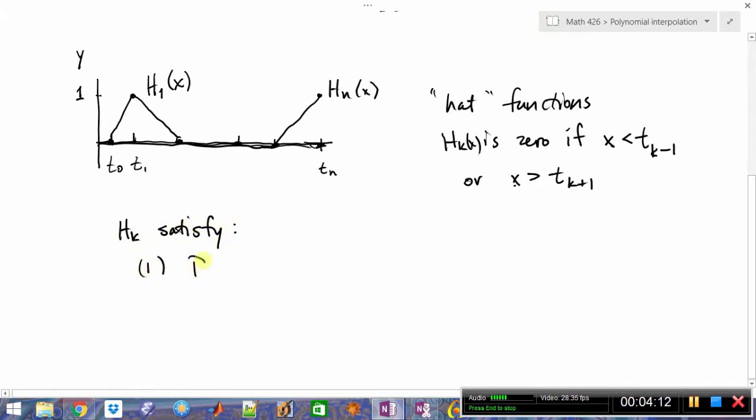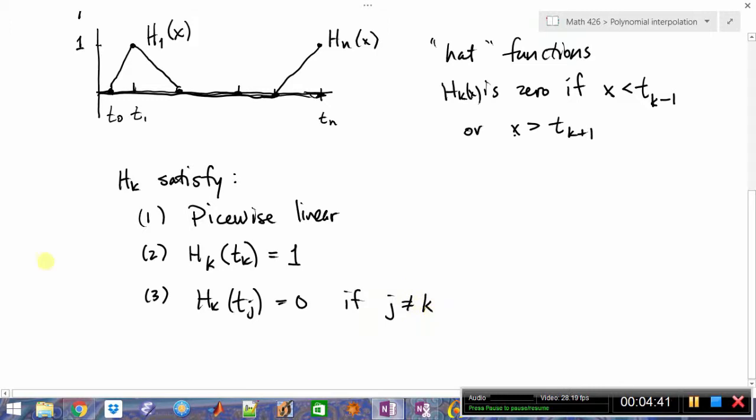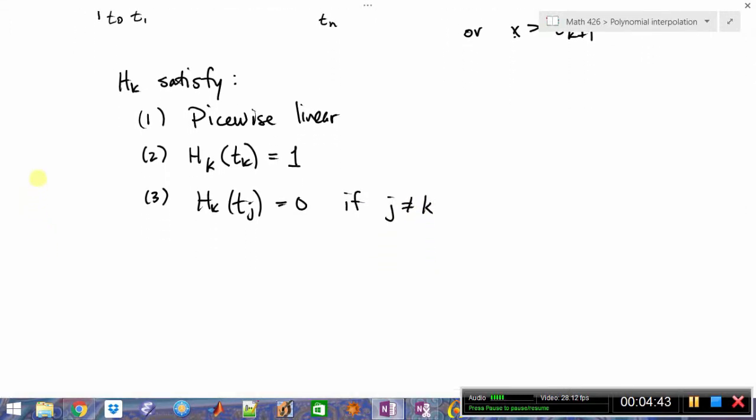First of all, they are piecewise linear. Second, hk at tk is 1. And third, hk at any other tj is 0. So that's enough to completely determine each hk.